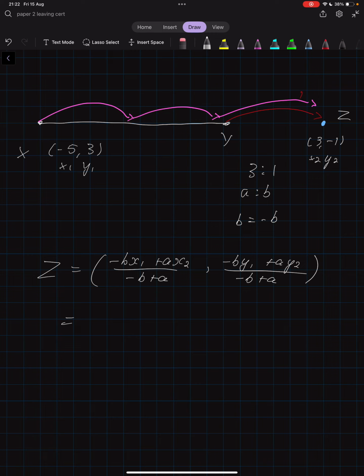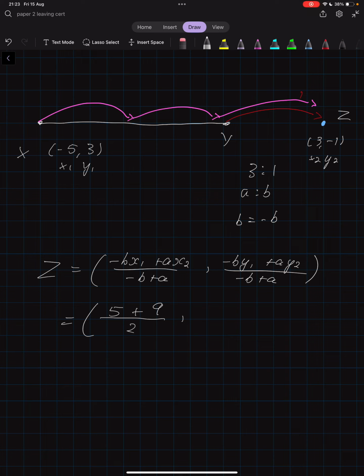So it's going to be minus 1 times minus 5, so it's 5, plus 3 times 3, all over 2. Sorry, A is 3, so it's 3 times 3, so it's 9.